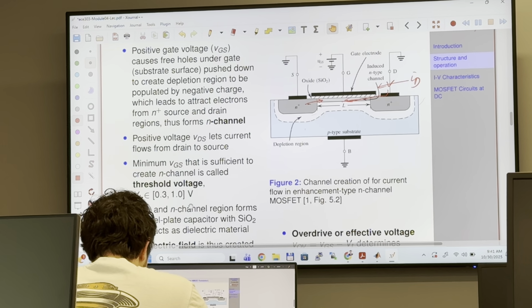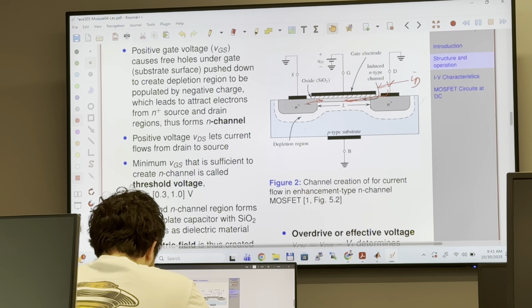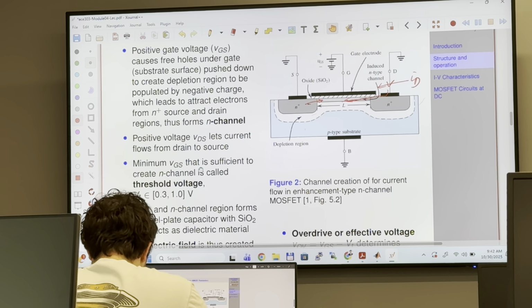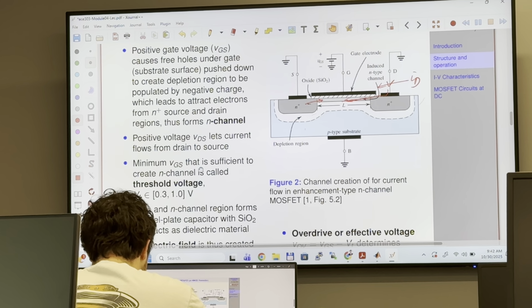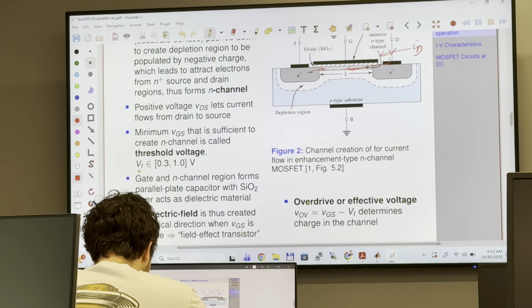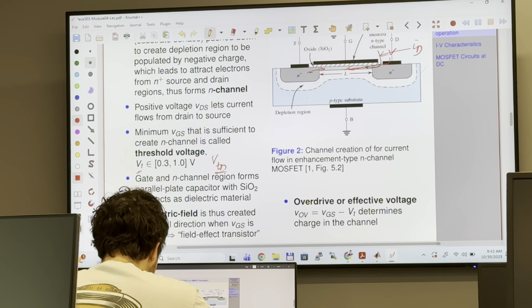Now, there should be a minimum gate voltage to create this N channel. And that minimum voltage is called the threshold voltage, VT. Sometimes we will be using VTN, so don't be surprised if you see this symbol.